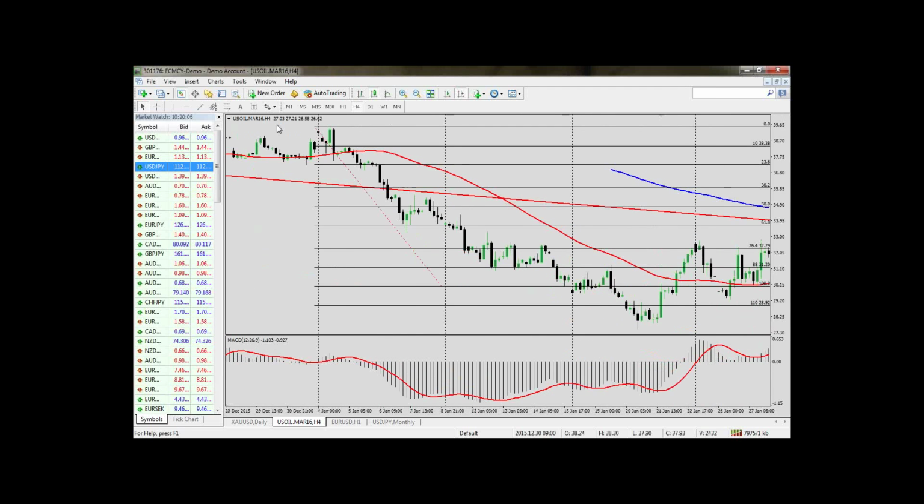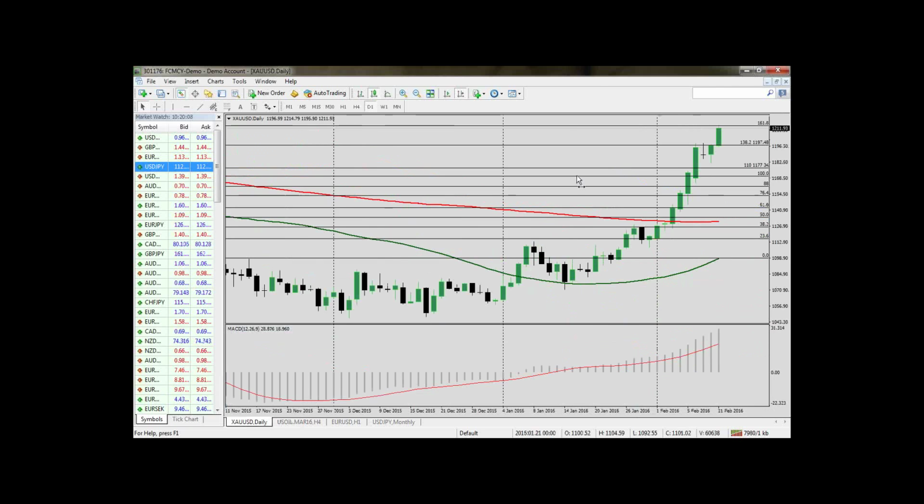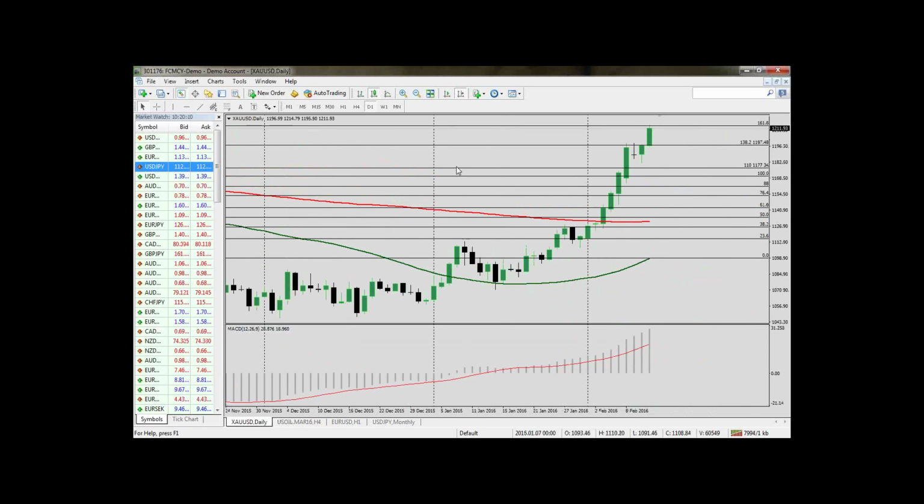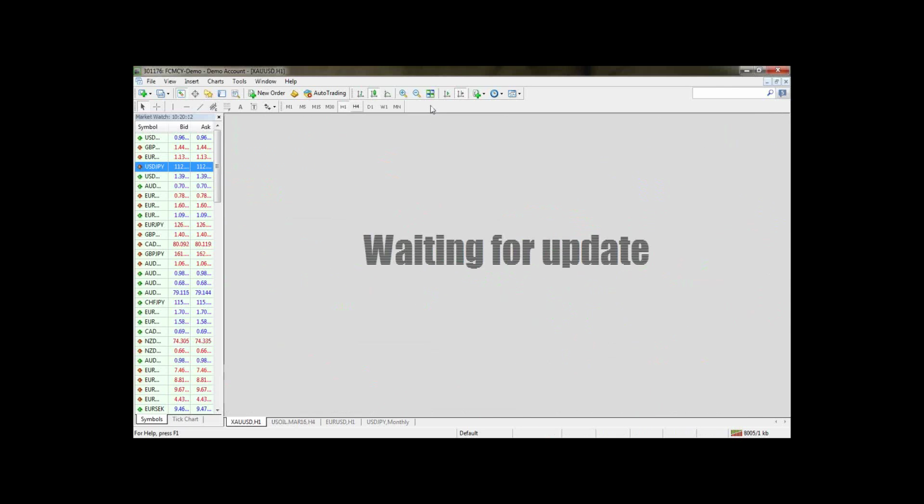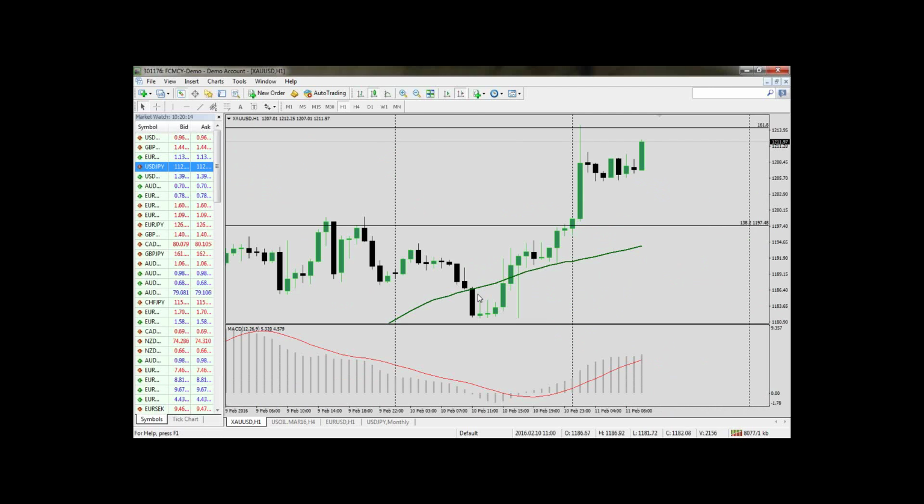As we were discussing from yesterday, we were commenting that below the moving average that we had, basically the 1,186 level, we were actually targeting further bearishness. We did have further bearishness, but it was only capped by $4.